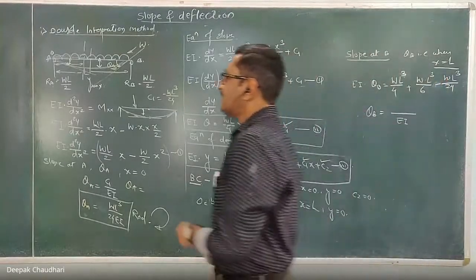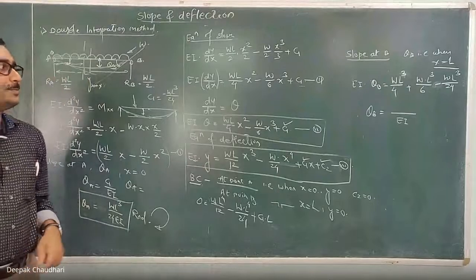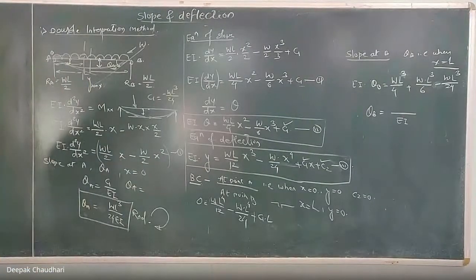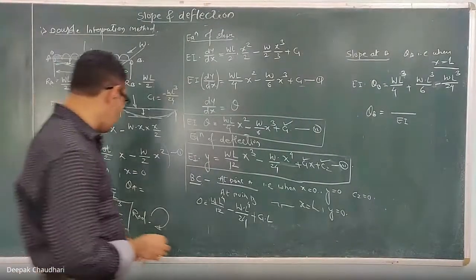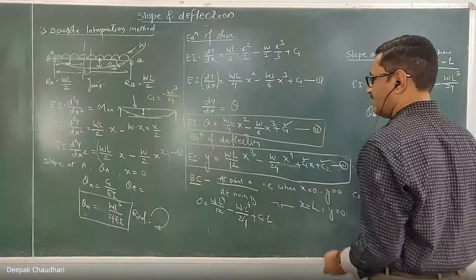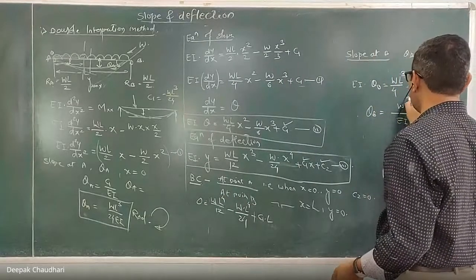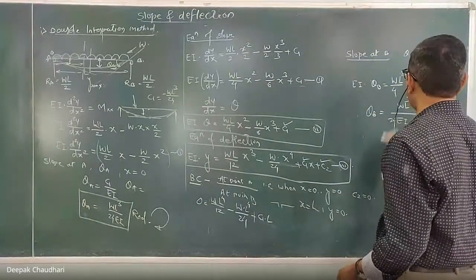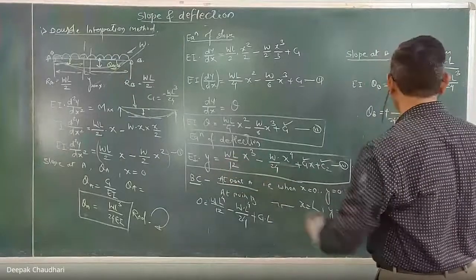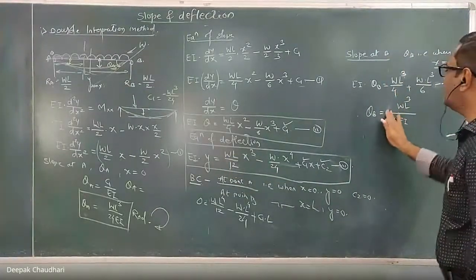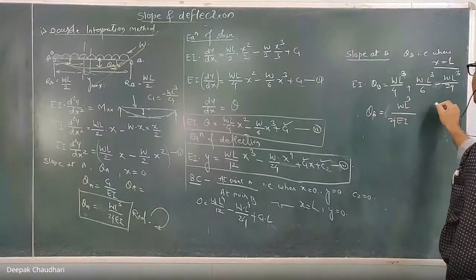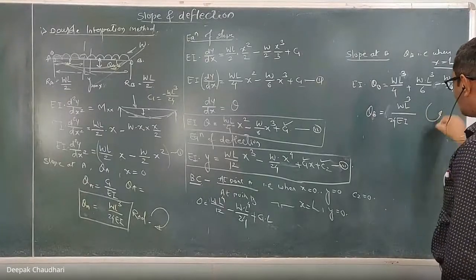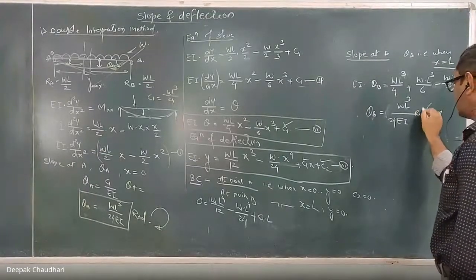This will be the slope at point B, and it is WL cube upon 24 EI. Same answer, because it is symmetrical. But this answer will be positive, whereas that was negative. This positive sign indicates that at point B the rotation is in the anti-clockwise direction, and the unit is radian.